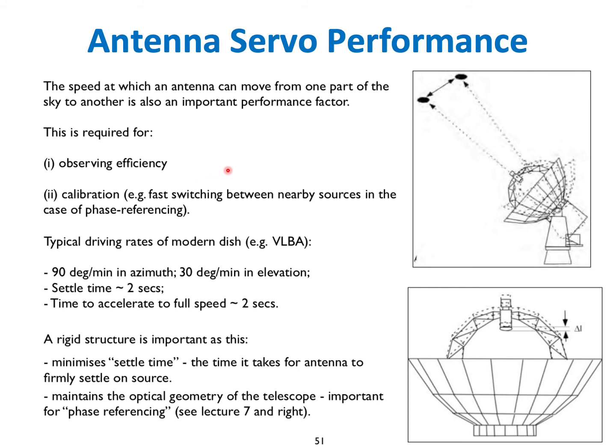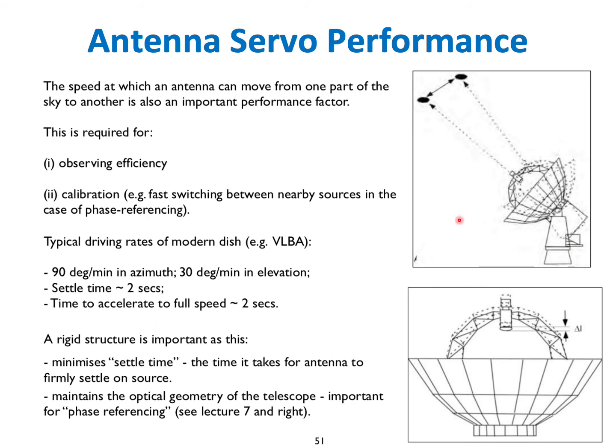And also, if you're doing observations where you need to calibrate and you're switching between, say, some target source and a reference source every few minutes, you want to spend as much time on those sources as possible and the least amount of time slewing between them. So typically, for a modern dish, you can go about 90 degrees per minute in azimuth. That's sort of the around direction again.